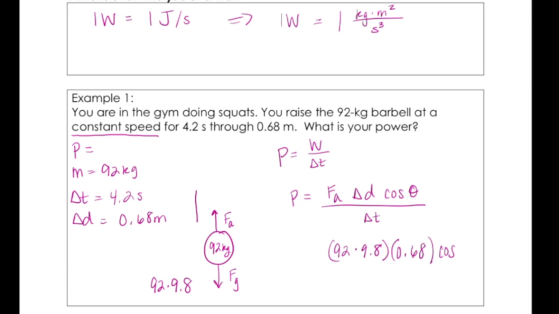And because displacement is in the same direction, it's going to be cosine of angle 0 divided by our time, which was 4.2 seconds. And we'll find that our power is equal to 145.97 watts.